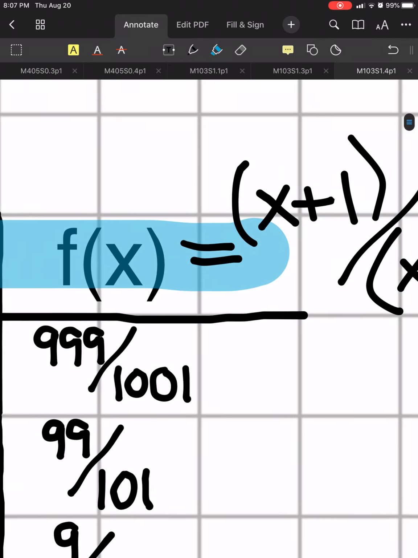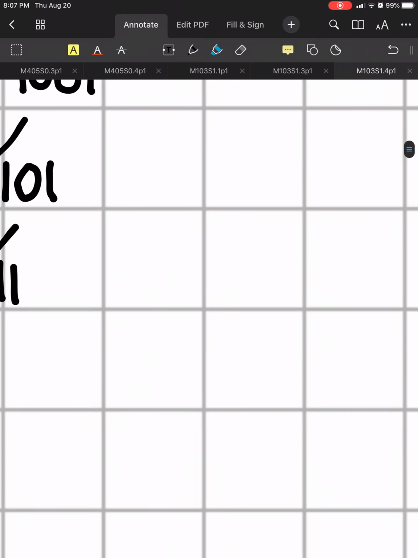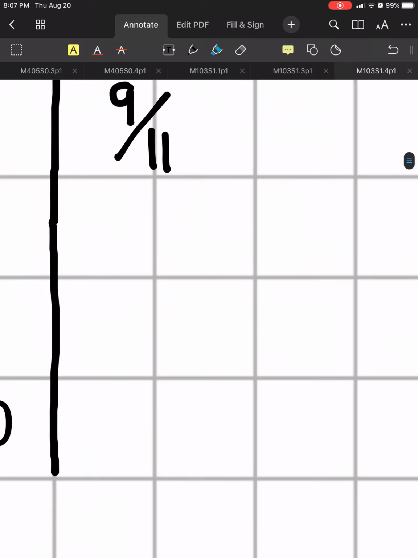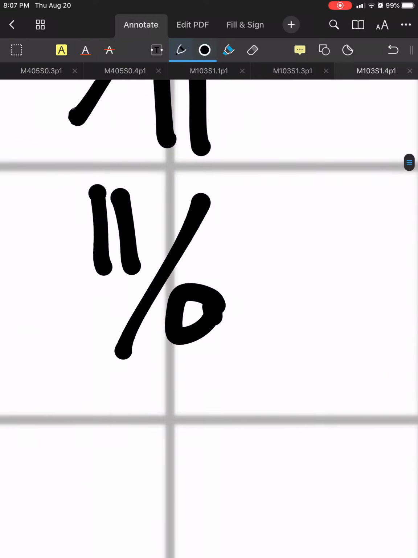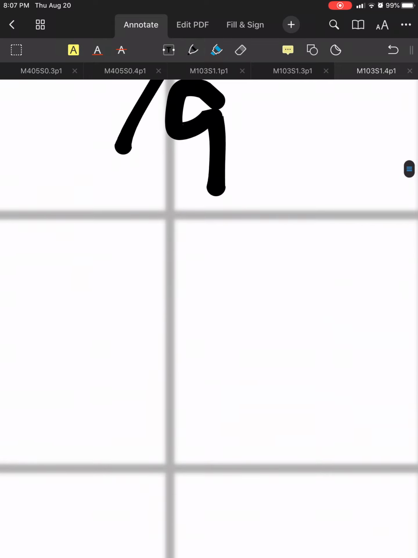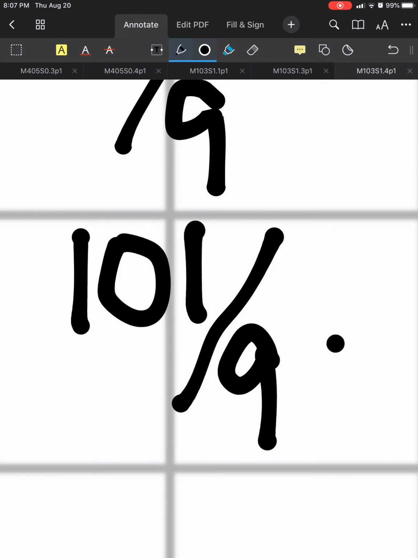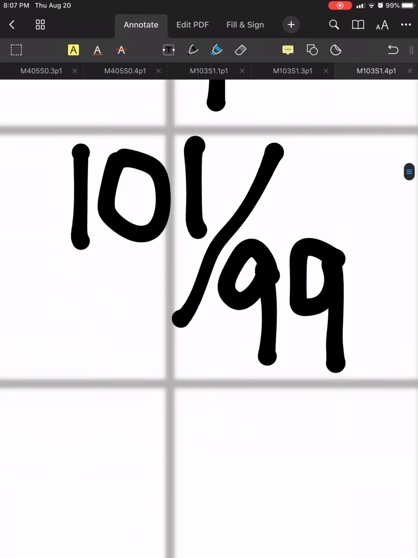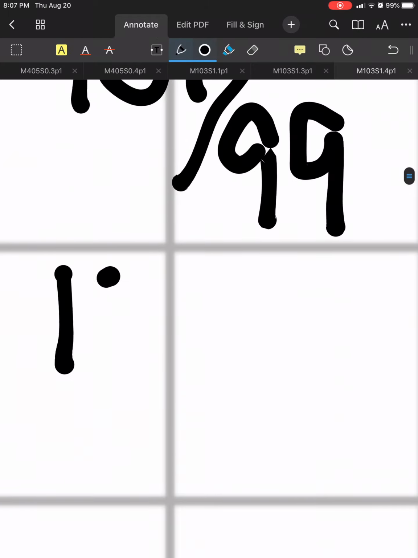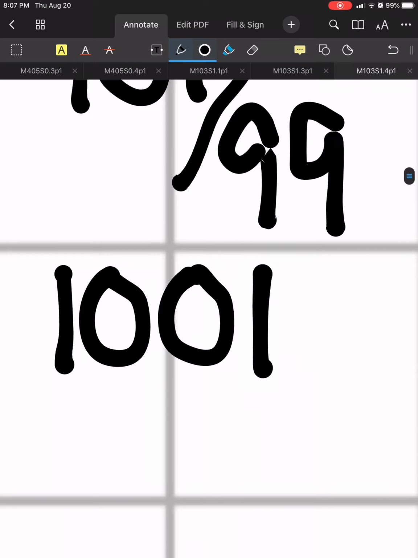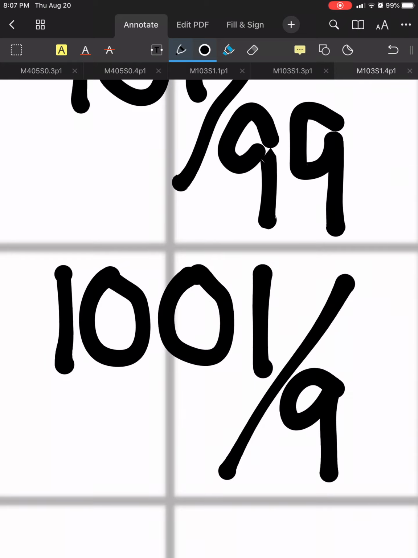If we plug in 10, we should get 11 over 9. These are just going to be essentially flipped. 11 over 9, 101 over 99, and 1001 over 999.